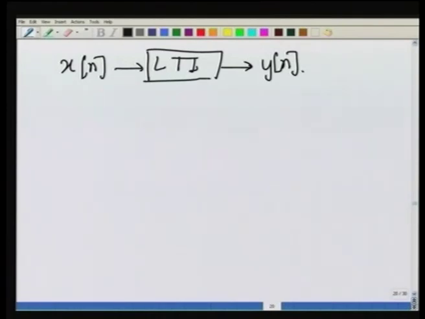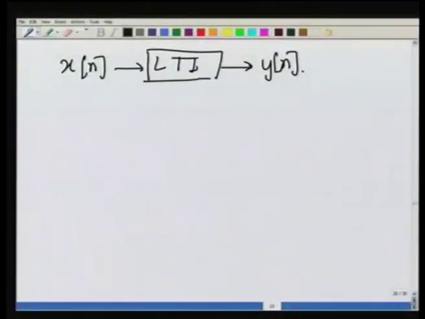Now, we want to understand what makes linearity and time invariance so interesting to us. In order to understand that, we will take this discrete signal x n and find a new representation for it, which we will call an impulse representation for x n.